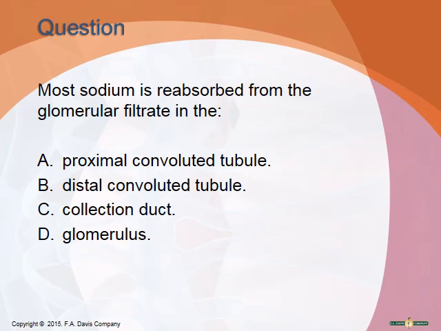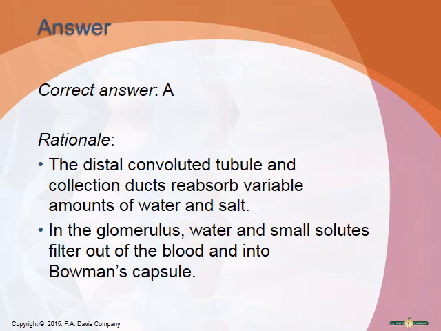In the collecting duct, essentially you see water, and the glomerulus is where that filtration occurs, where things leave the blood and go into the capsule. So the best answer would be proximal convoluted tubule. Let's see. That is correct.